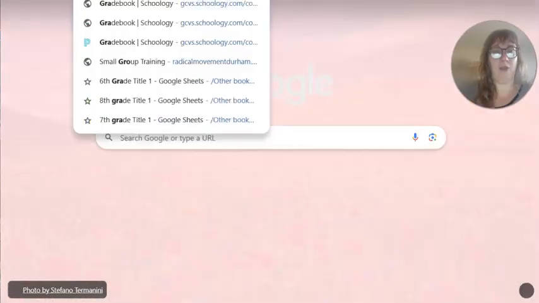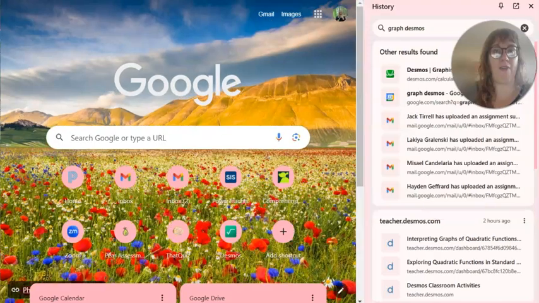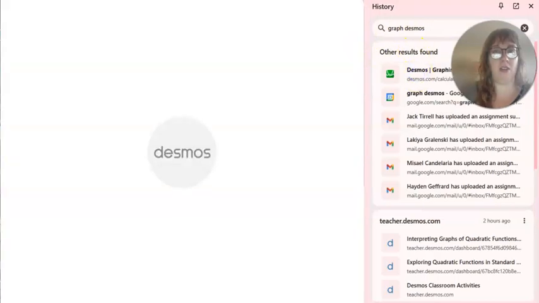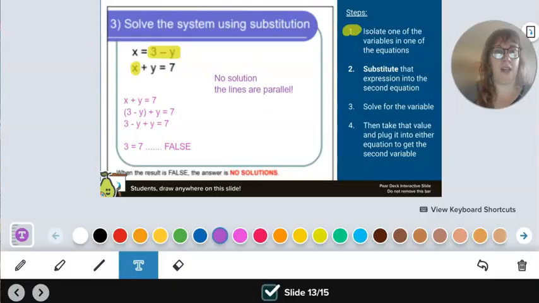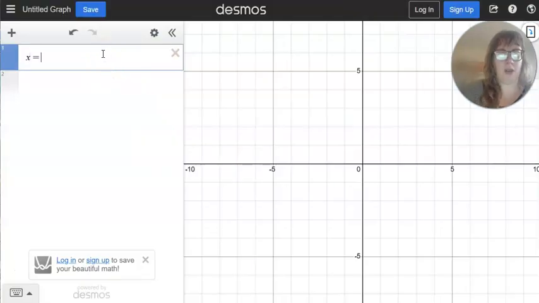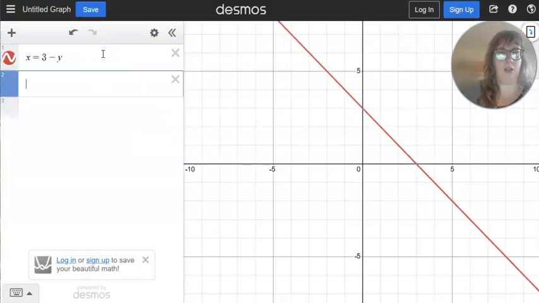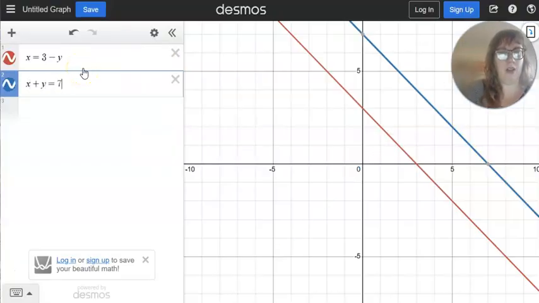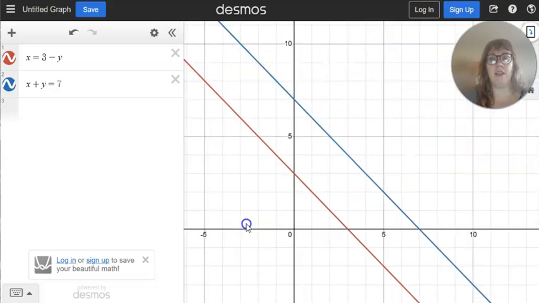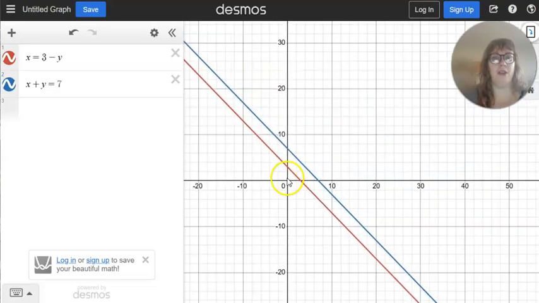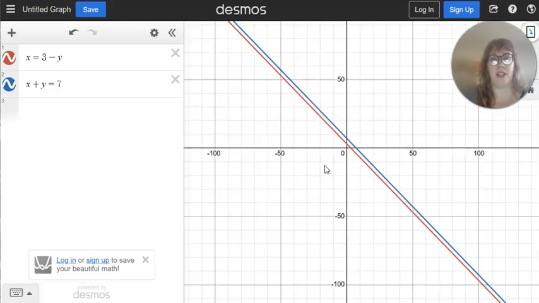So if we went to our Desmos graph and typed in x equals 3 minus y and x plus y equals 7, here are these two lines, parallel. We could zoom out. They are never going to touch.